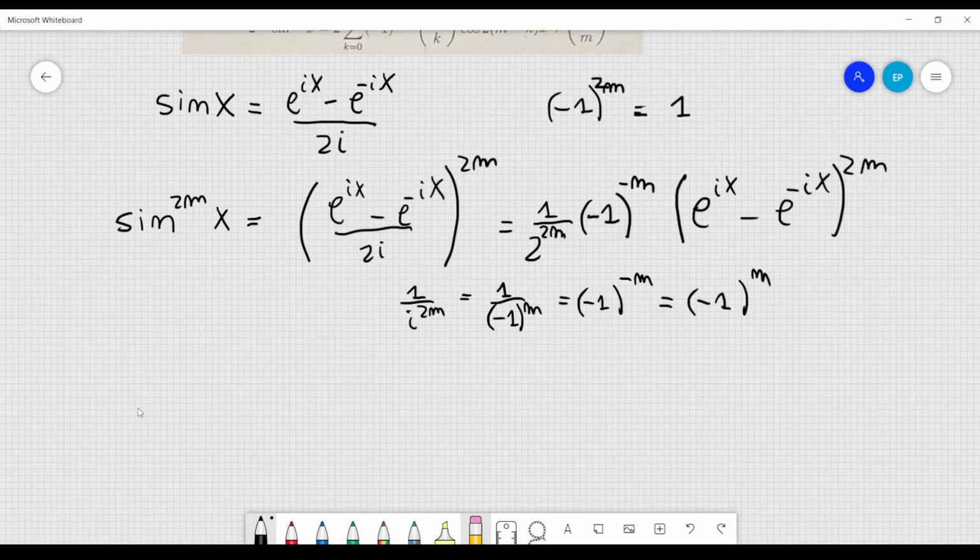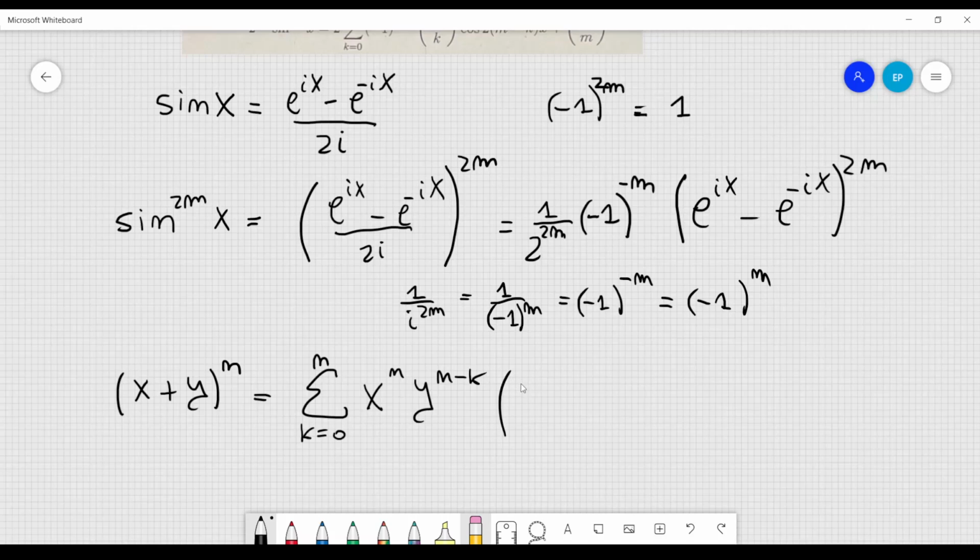The binomial theorem tells me that if I have two numbers, let's say x and y, and I have to raise their sum to the power n, this can be written as a summation with the index k ranging from 0 to n. Then I have x to the power k, y to the power n minus k, and then I have the binomial coefficient n choose k.